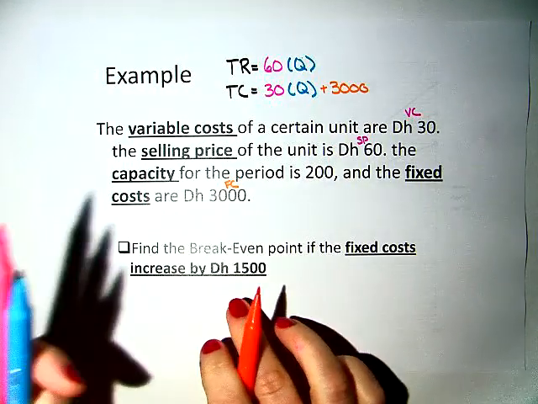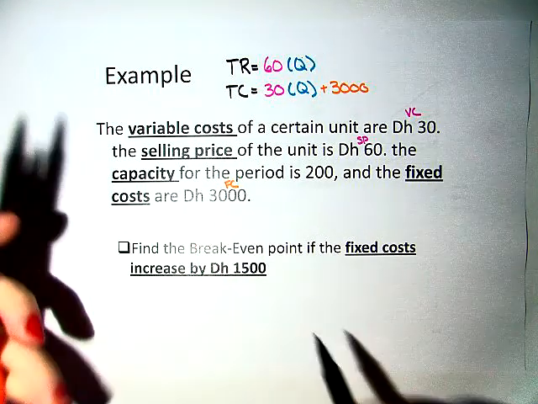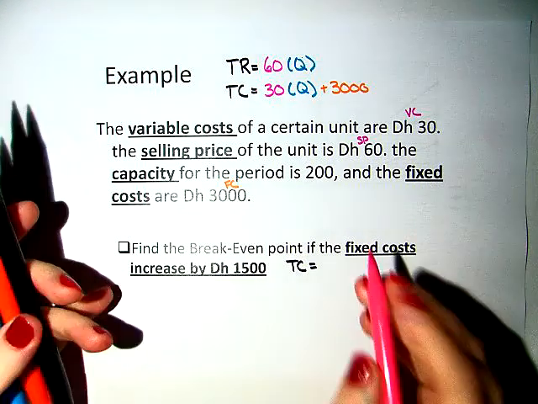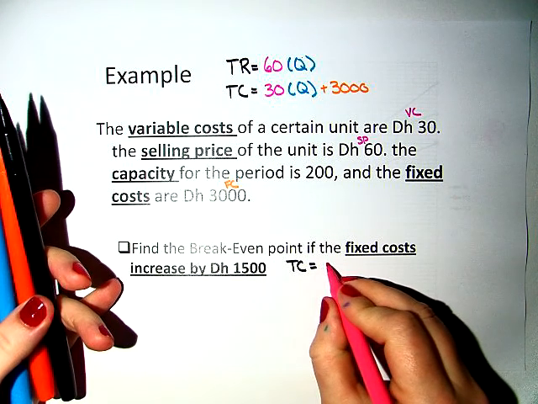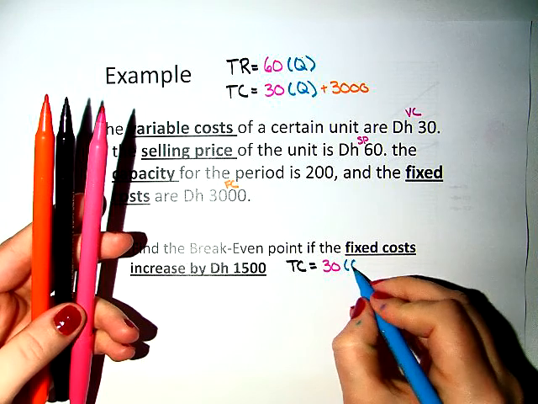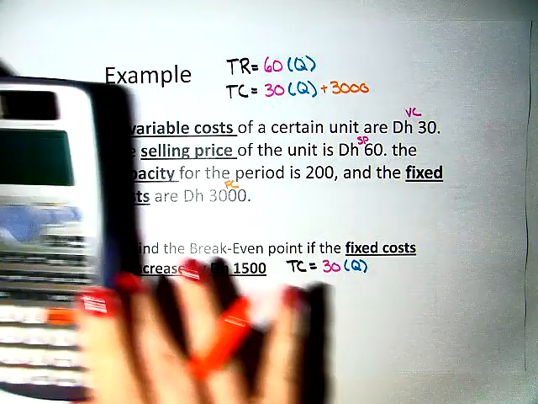So now it's saying if we increase the fixed cost by 1,500, our total cost equation will change. So it doesn't affect the variable cost. So that's still 30. We don't yet know the quantity, but this 3,000 adjusts.